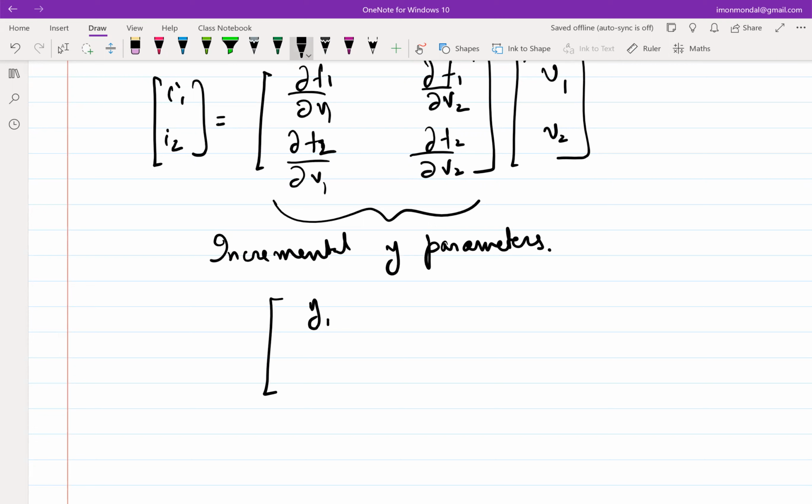That is, it relates... so this Y11 and Y, these two subscripts essentially refer to the ports, right? So let me write it down, then it will become clearer.